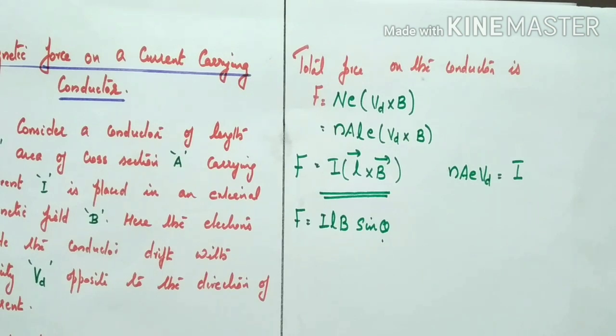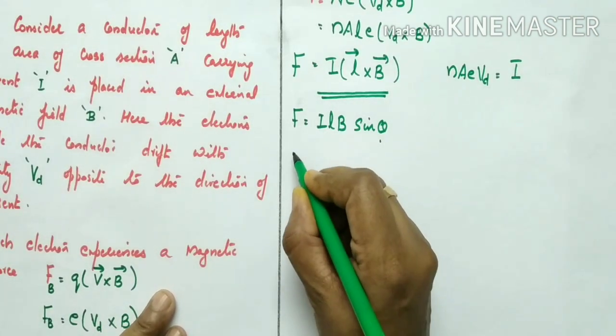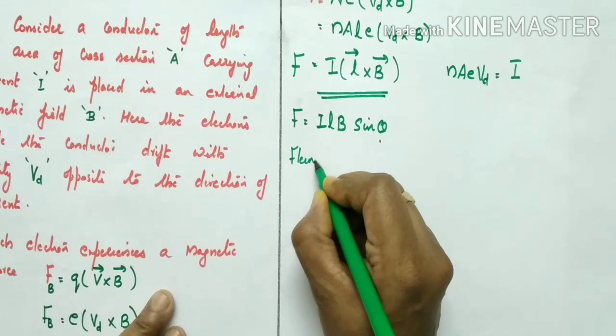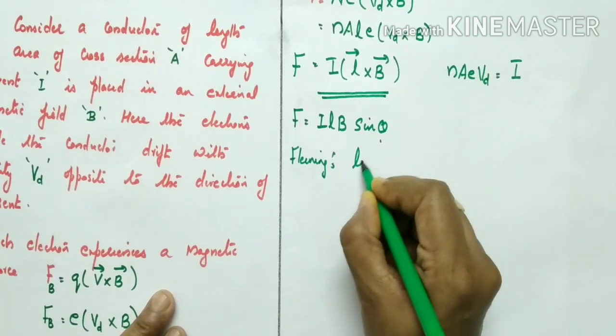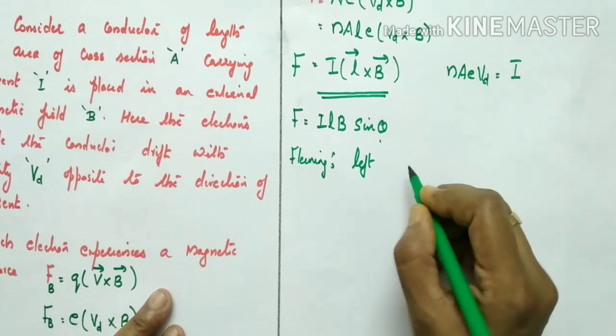And the direction of this force is given by Fleming's left hand rule. Using Fleming's left hand rule, we can find out the direction of force on the current carrying conductor placed in an external magnetic field.